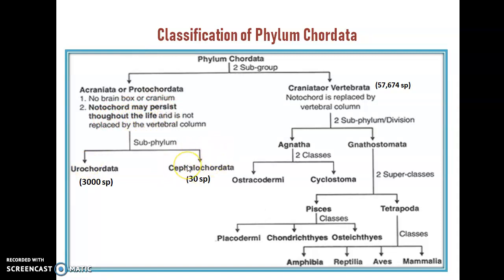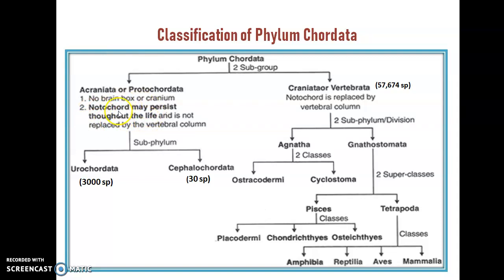In this category it persists throughout life, and in this category it persists only in the larval stage. When they attain maturity, the notochord is not replaced by a vertebral column. That is why they are called protochordates. In advanced organisms, the notochord is replaced by the vertebral column.